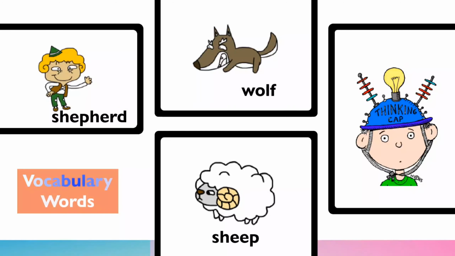The first one is the shepherd. Next is the wolf. And the last one is the sheep. Now, let us all watch the story, The Boy Who Cried Wolf, quietly. Are you ready?